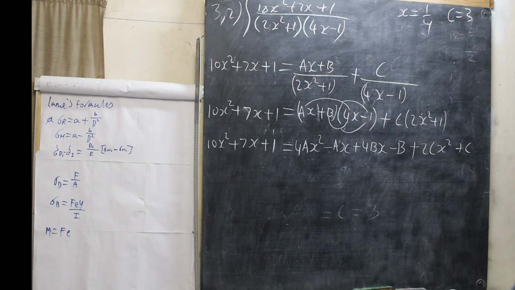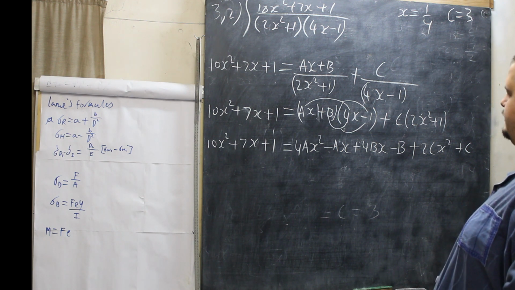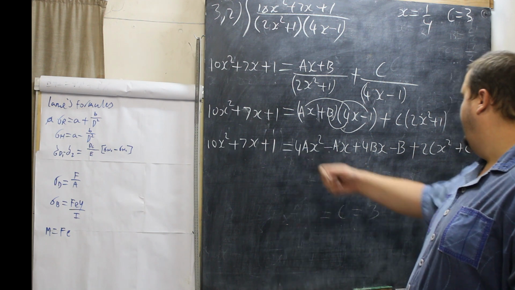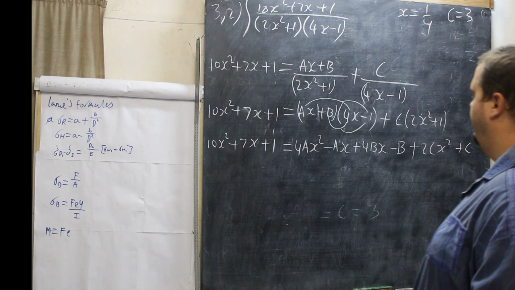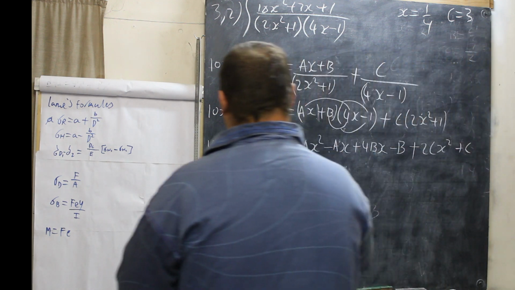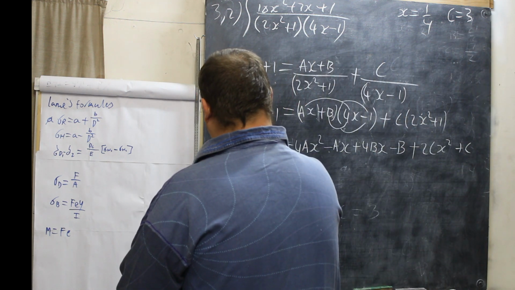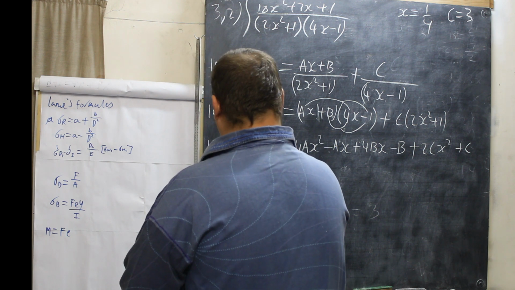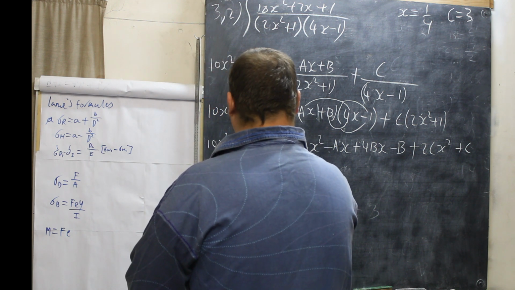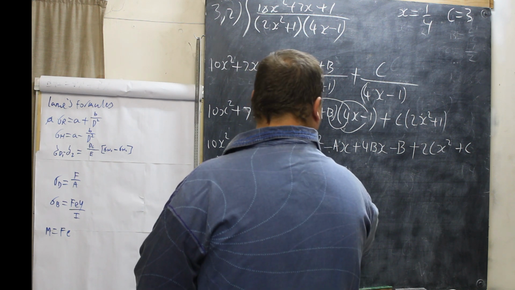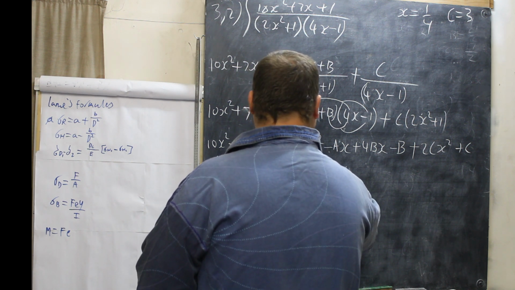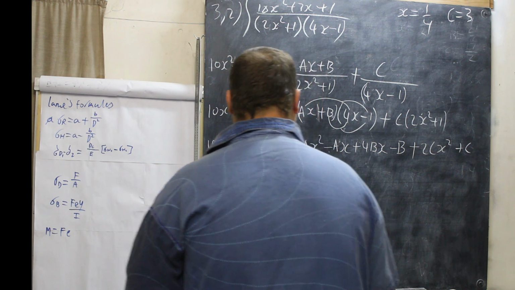Okay, so what we're going to do next is let's get x squared, because we can get a. We can use c and we can use a. Then all we have to do is bx and get b. So x squared is equal to 10, which is equal to 4a plus 2c.